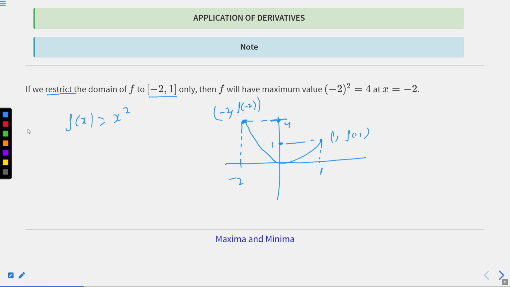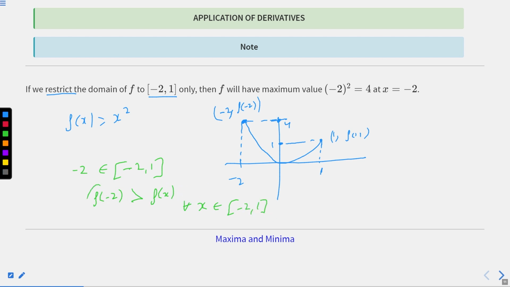So you can easily see the maximum in the context of this domain, the closed interval -2 to 1. There exists a point: -2 belongs to the interval -2 to 1, and f(-2) is greater than f(x) for every x in the interval -2 to 1, as you can verify.